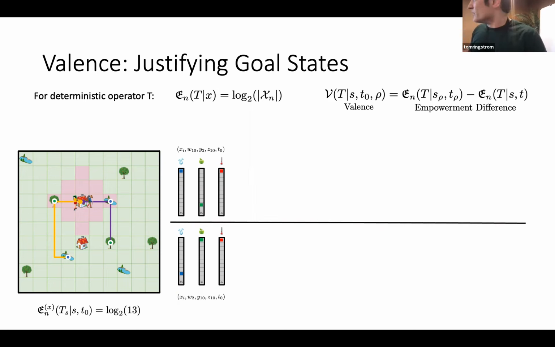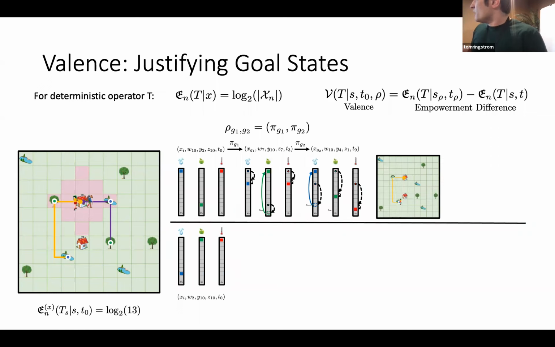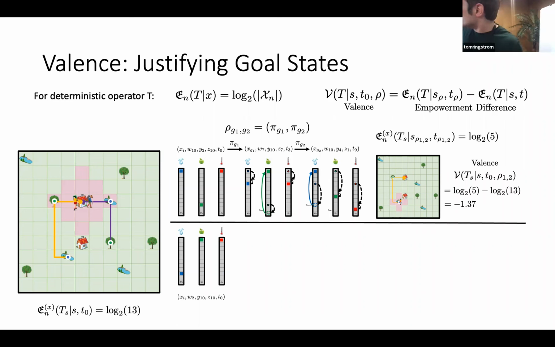That's the initial empowerment. If you map forward in time, this hiker will end up here, and its temperature will be one step away from freezing to death, so it can only go 1 step. It has a final empowerment of log 2 of 5, and so its valence is negative 1.37.